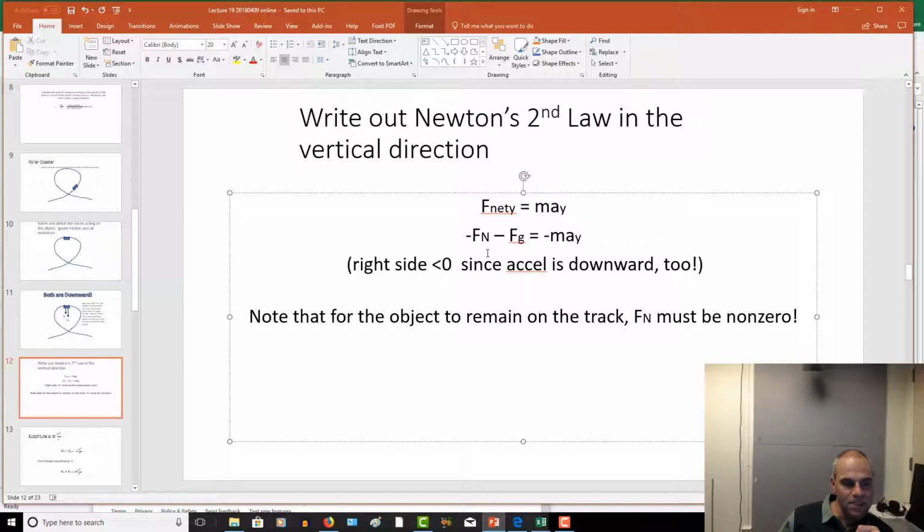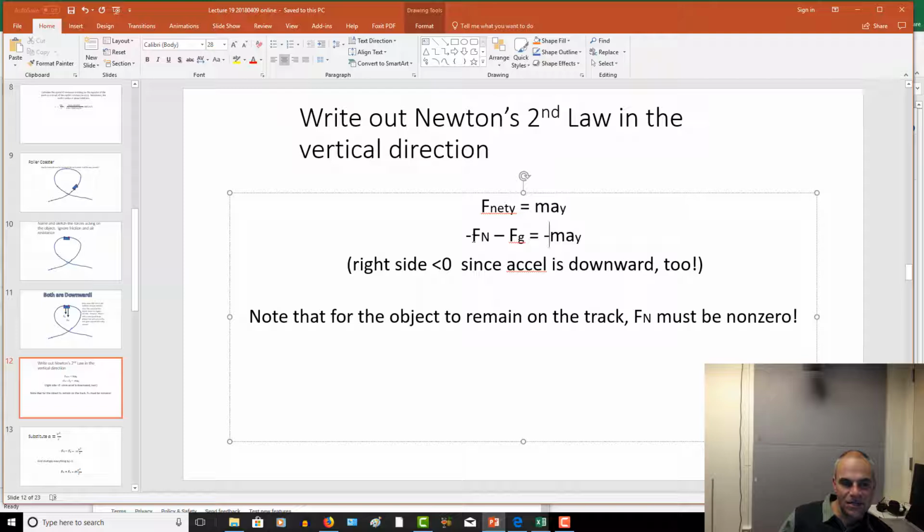Since the acceleration is downward, I'll put a negative sign in there to reflect the fact that acceleration is downward, just like gravity and normal force are. Everything has a minus sign in front of it. I can actually multiply everything by -1 to make it all positive, which I'll do on the subsequent slide.